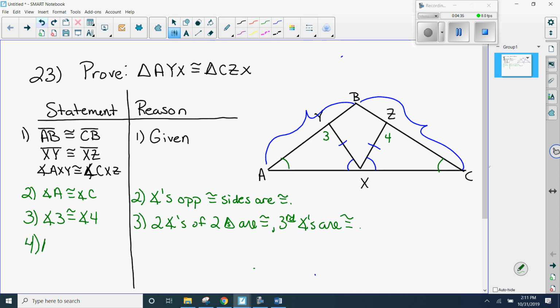So triangle AYX is going to be congruent to triangle CZX by angle, angle, angle, side. The only other way you can say angle, angle, angle, side is to say angle, side, angle, but that side would have to be between the two angles, and it's not without stating something about 3 and 4.